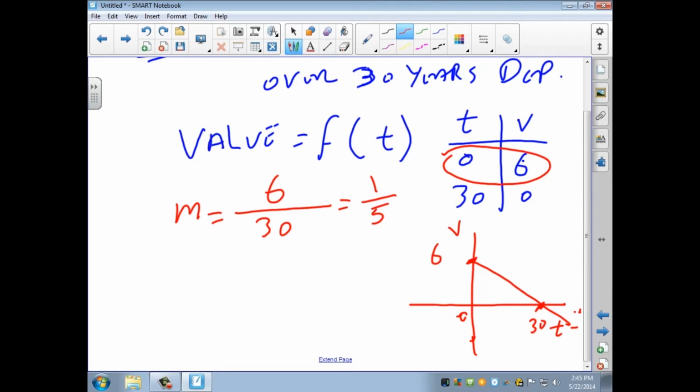So the value would be equal to 1/5 times t plus 6. By the way, it is a minus: minus 1/5 t plus 6.